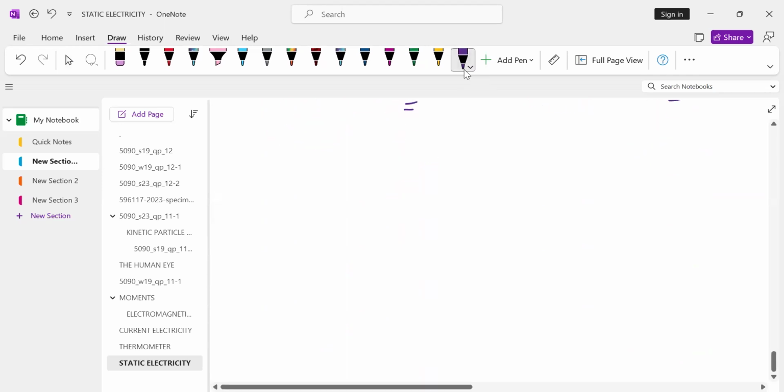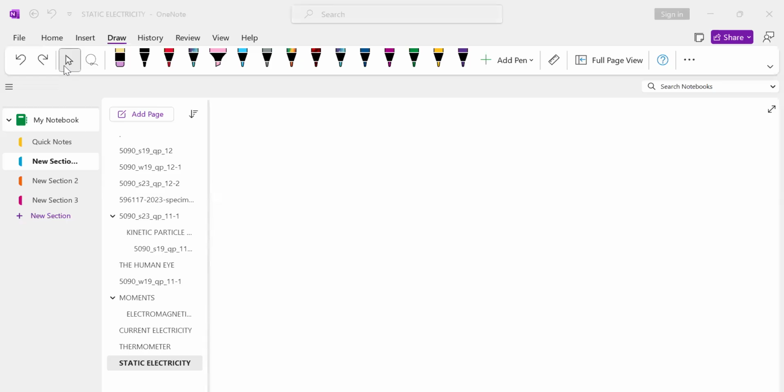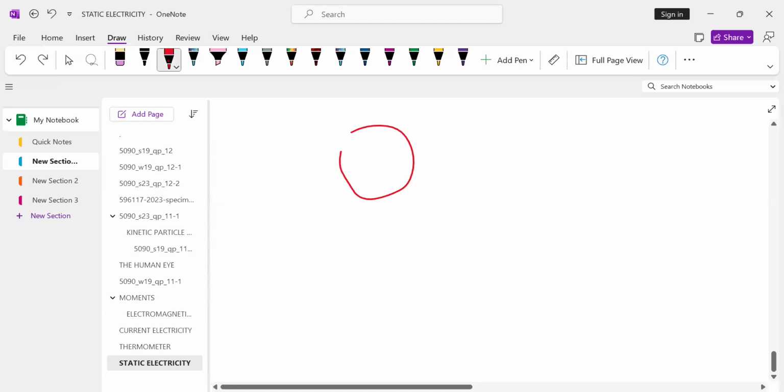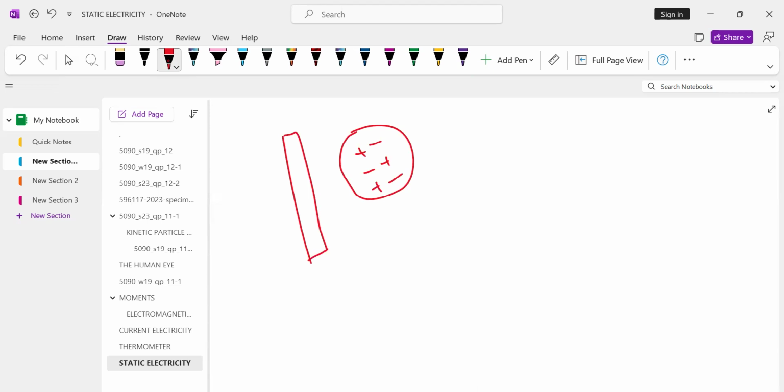Then, for example, you have a sphere which has both positive and negative charges. Then you have a rod, which is a charged rod with negative electrons, or with positive electrons.